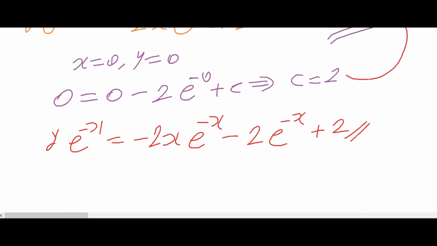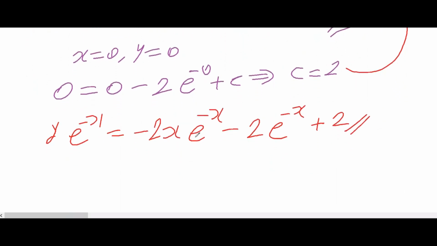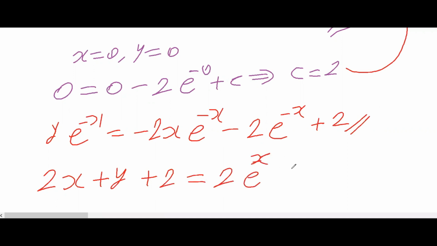If you want, you can transpose the minus part and divide by e to the power of minus x. So this minus 2x when transferred here will become 2x. First let me write y: this plus y, then minus 2 will transpose here and become plus 2 is equal to 2. I am dividing by e to the power of minus x, so here it will become e to the power of x. Okay, this is the required equation of the curve.